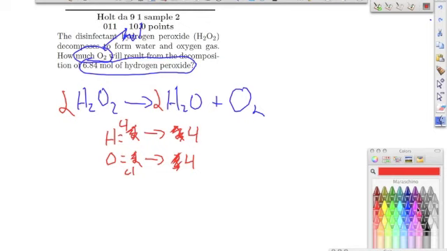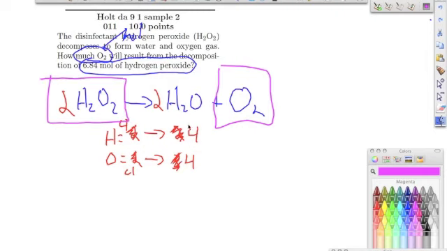Now, when we're dealing with reaction stoichiometry, after you have it balanced, you just want to deal with what you're dealing with. It says how much O2. So I go ahead and I box O2. And it says that we're starting with 6.84 moles of hydrogen peroxide. So we box hydrogen peroxide. And what we're doing by boxing this is we're giving us our conversion factor.